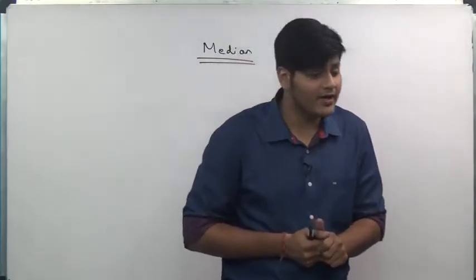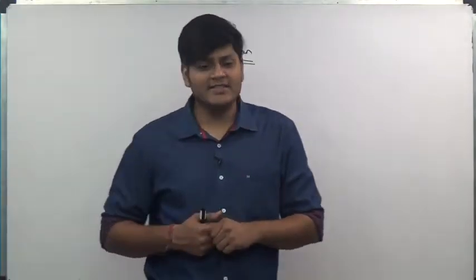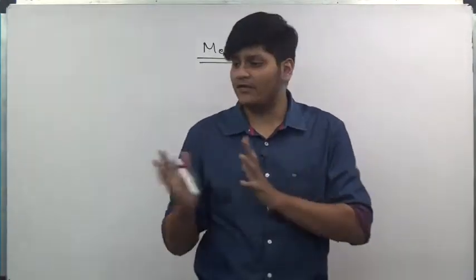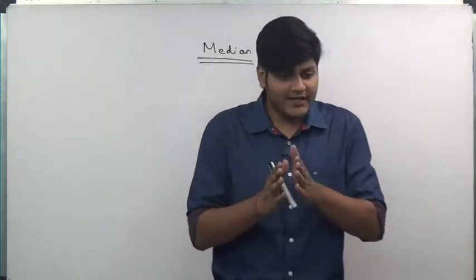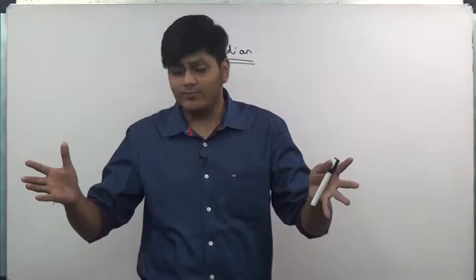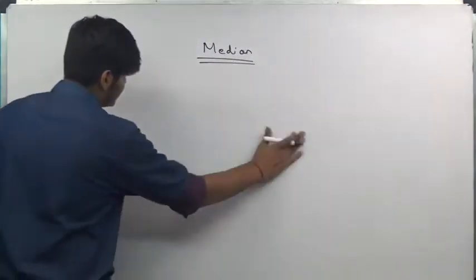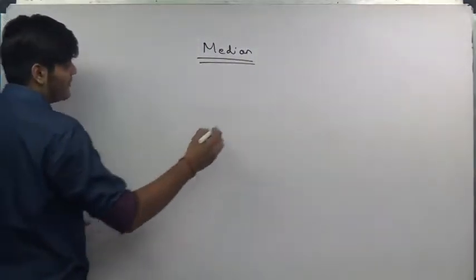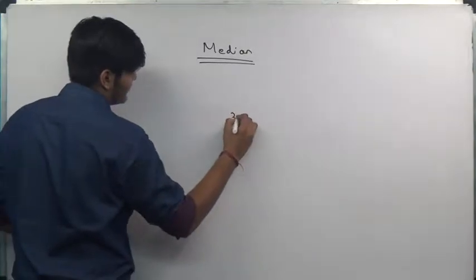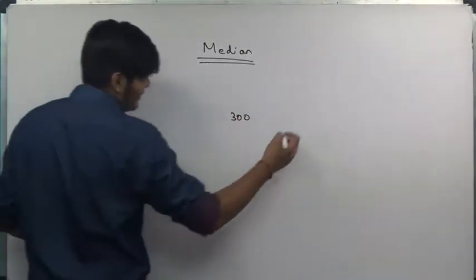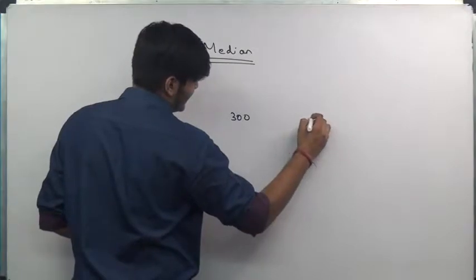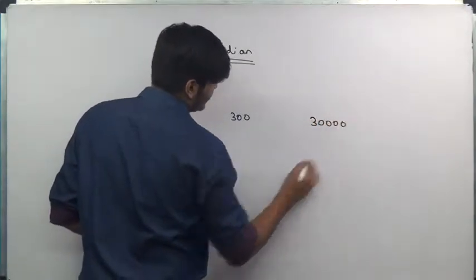Why is it not accurate? Because arithmetic mean is giving us the average of two particular observations. It is basically giving us a middle range to two distant objects. For example, a particular person is earning, say, 300 rupees per day, and another person is earning 30,000 rupees per day.